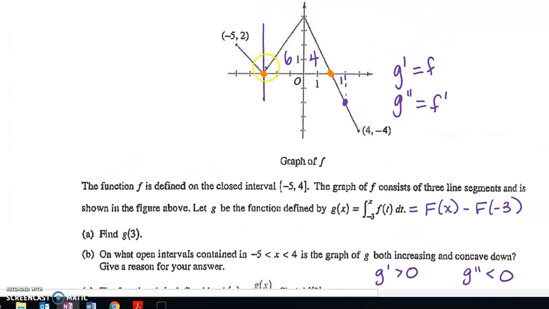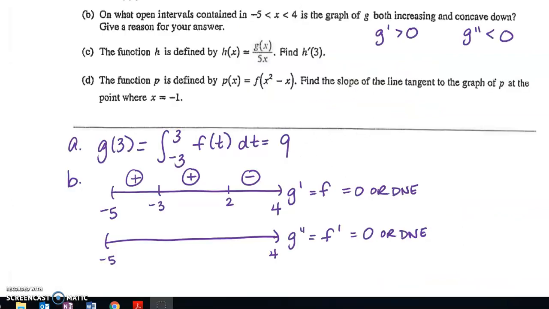So in our g prime equals f sign chart, we'll put -3 and +2. And then we just have to consider that f is positive for all of these values. And then f is negative for these values here. I filled that in my sign chart.